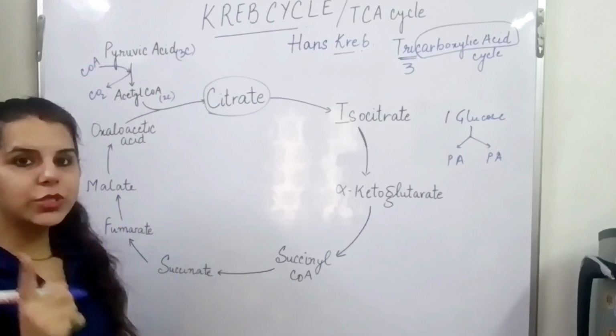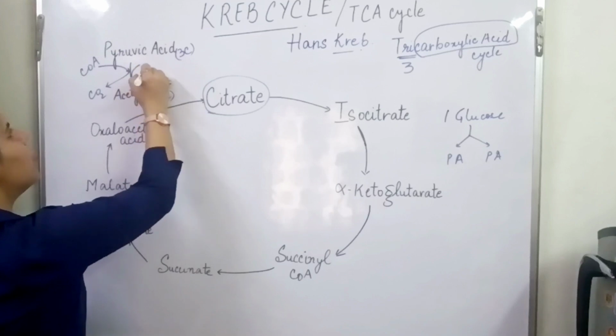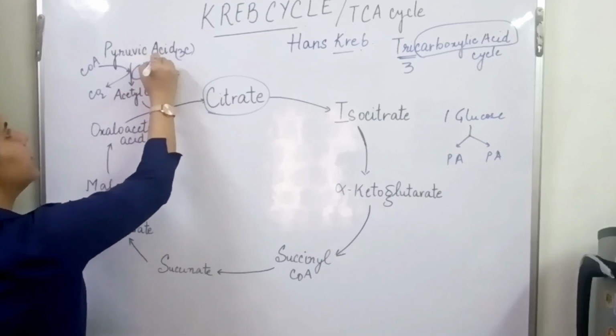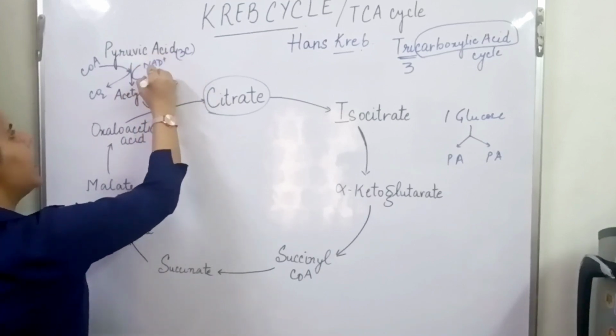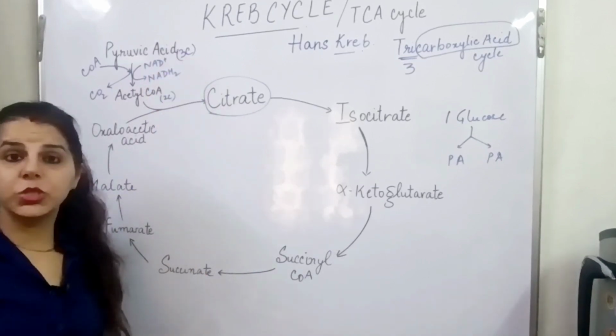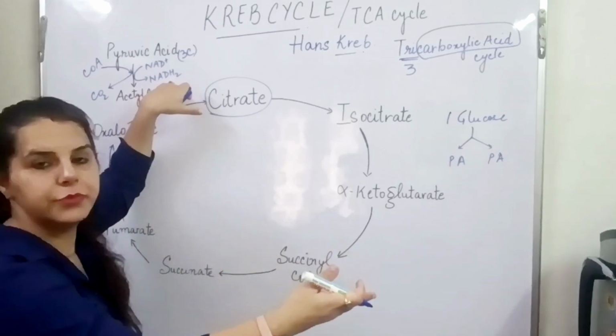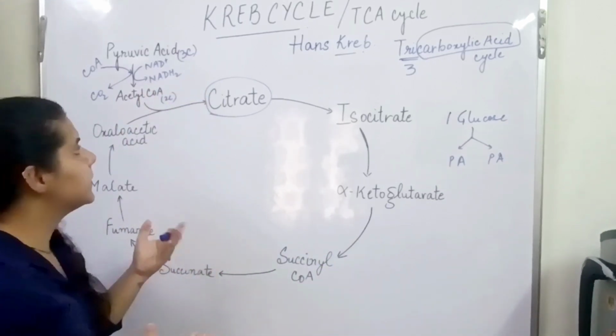Another reaction which takes place over here is the reduction of NAD into NADH2. So now here energy is produced in the form of NADH2, which further gets converted to ATP, right?